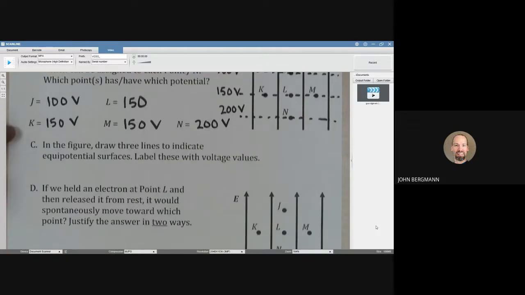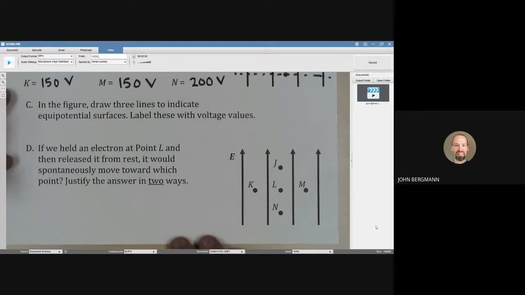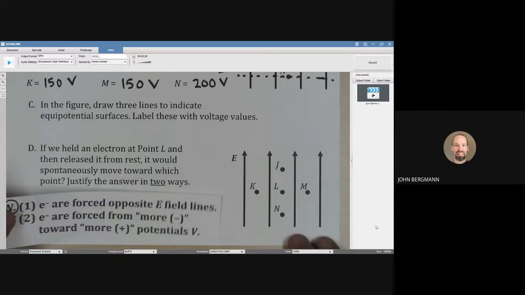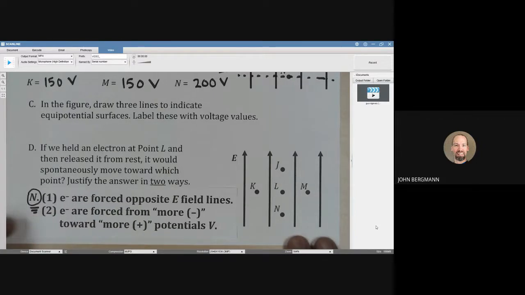If we held an electron at point L, so right in the middle there, and we let it go, it would spontaneously move toward which point? And let's justify this in 2 different ways. That electron is going to move towards point N. One reason is that electrons are forced opposite electric field lines.